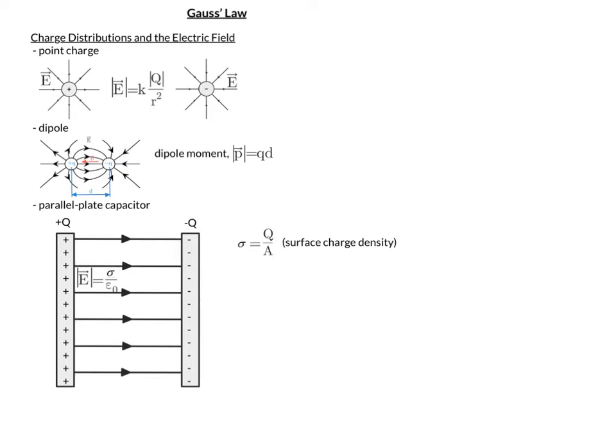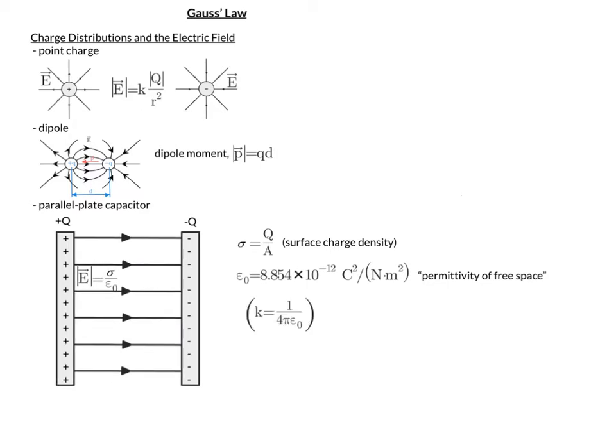So then the magnitude of the electric field is Q over A, charge over the area of one plate, divided by epsilon naught, and the epsilon naught is 8.854 times 10 to the negative 12 coulomb squared per Newton meter squared, and it's called the permittivity of free space. The permittivity of free space is related to the electrostatic constant by this equation. So we have K is 1 over 4 pi epsilon naught.